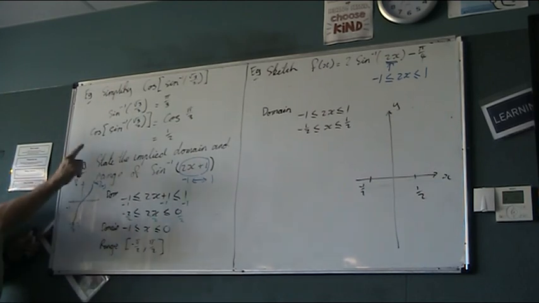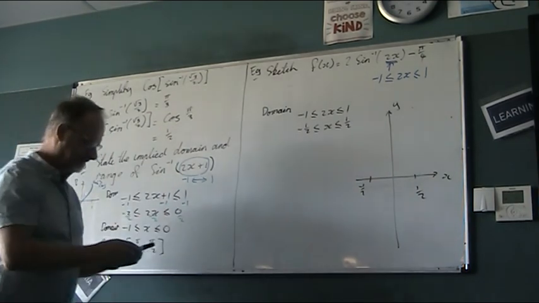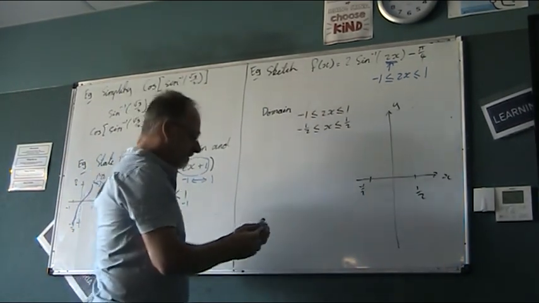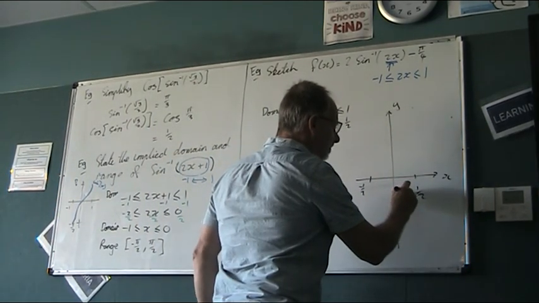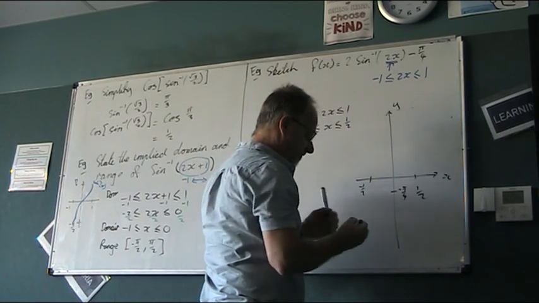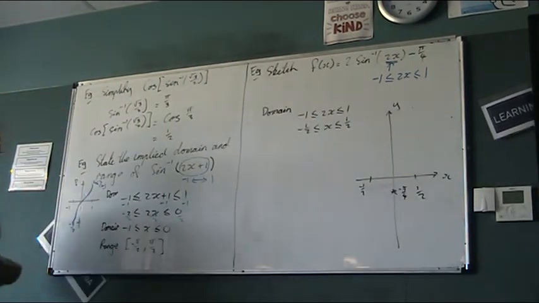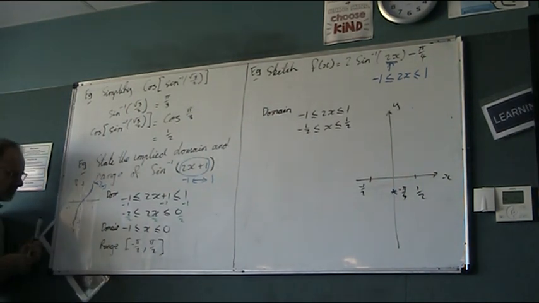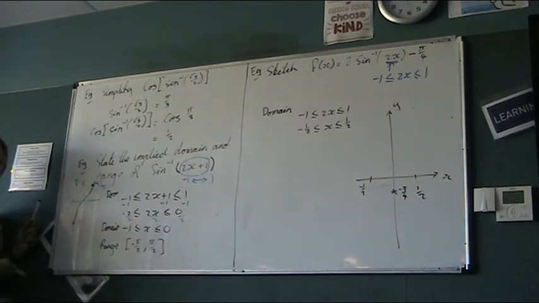So for sine, normally it's going to go through the origin, and that's going to be shifted down to negative pi on 4. So that's where it's going to go through here. It's always good to find end points.